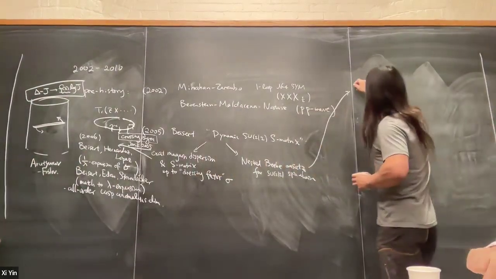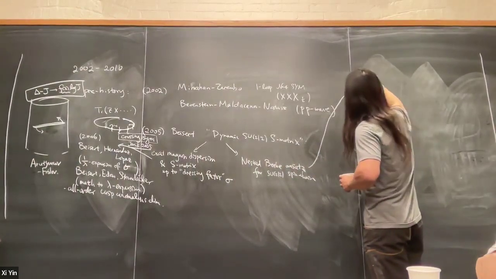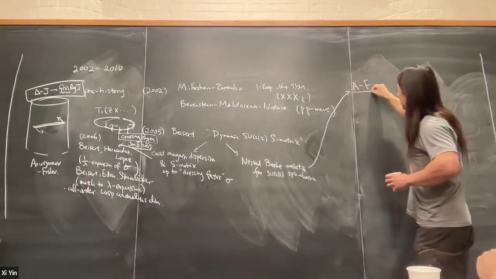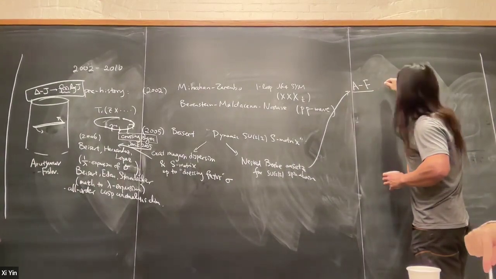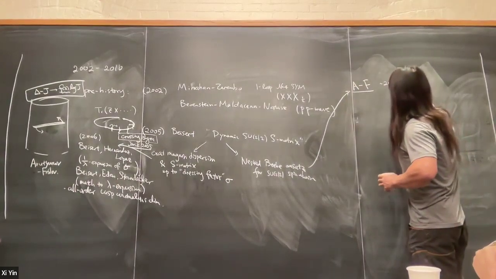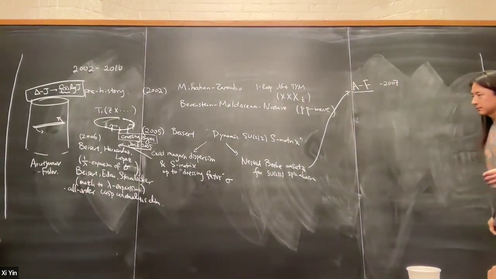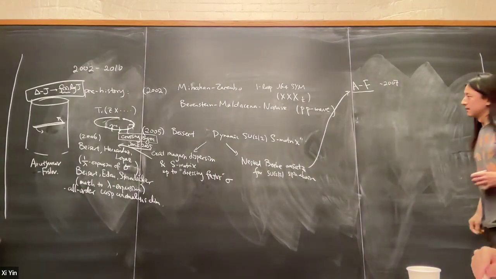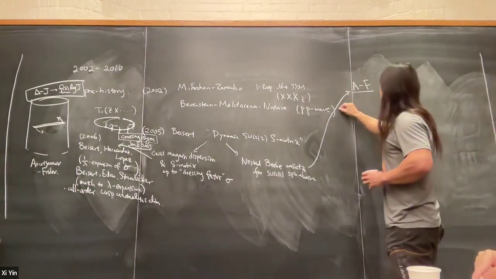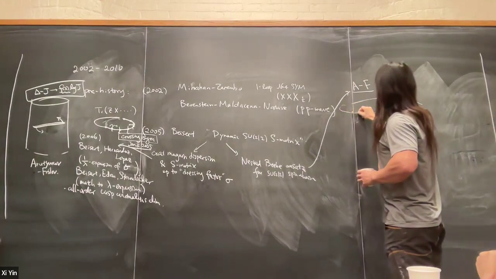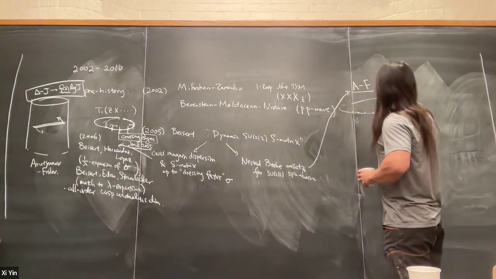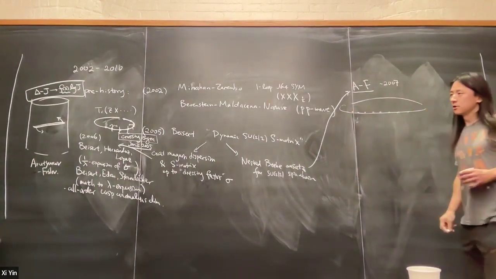This is essentially largely due to the work of Arutyunov and Frolov in the series of papers, starting around 2007. The first objective is to get, on the very long spin chain, the complete spectrum.